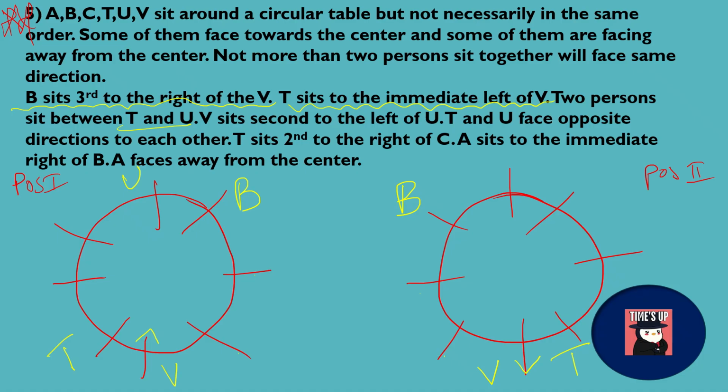Wait a minute. I'm doing something wrong, right? Students, how many persons are there? 6 persons are there. And I have drawn some extra 2. I have considered it as 8.